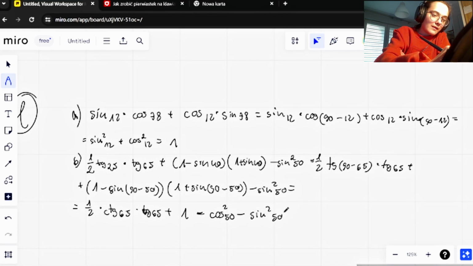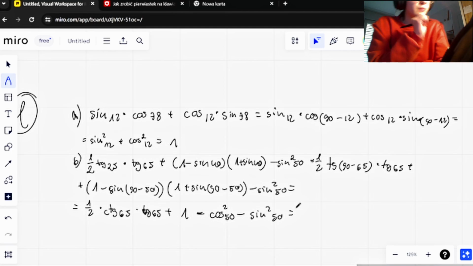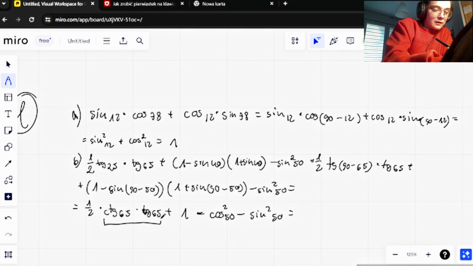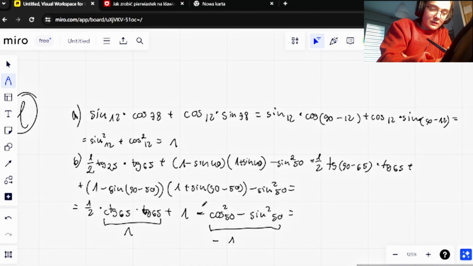And as we can see here, we have 1. This is just -1 because it's with minus. So we have 1 half plus 1 minus 1.